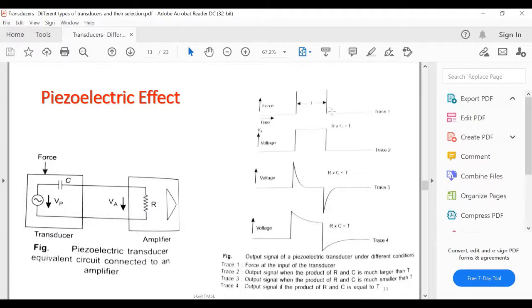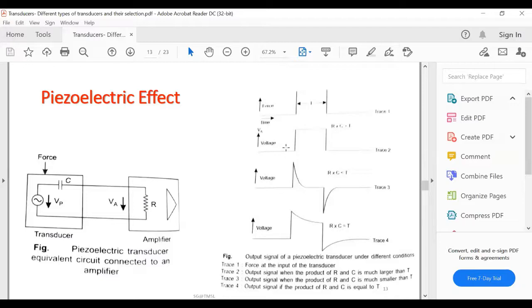While the electric field generated by the piezoelectric effect and the internal transducer voltage, that is Vp in trace 2, is generated and follows the applied force, the voltage Va that is measured at the input of this amplifier circuit depends on the value of the transducer capacitance as well as the input impedance.